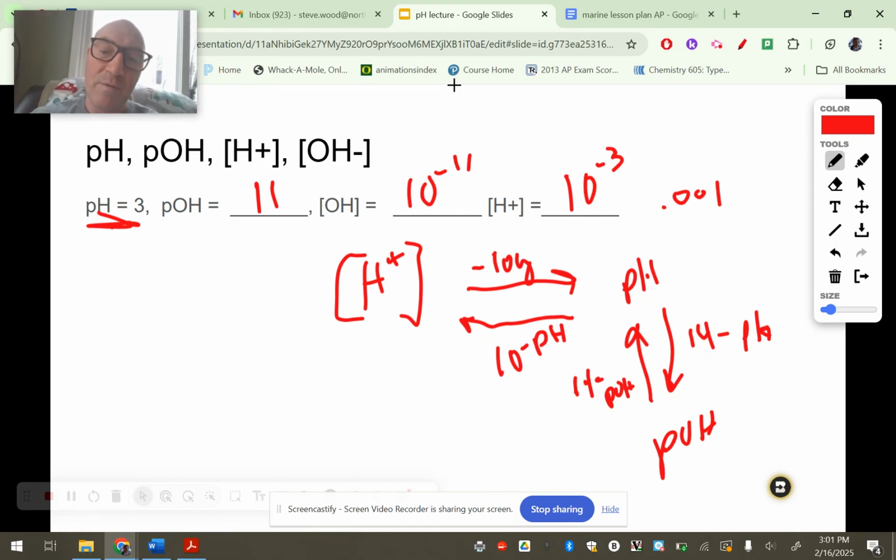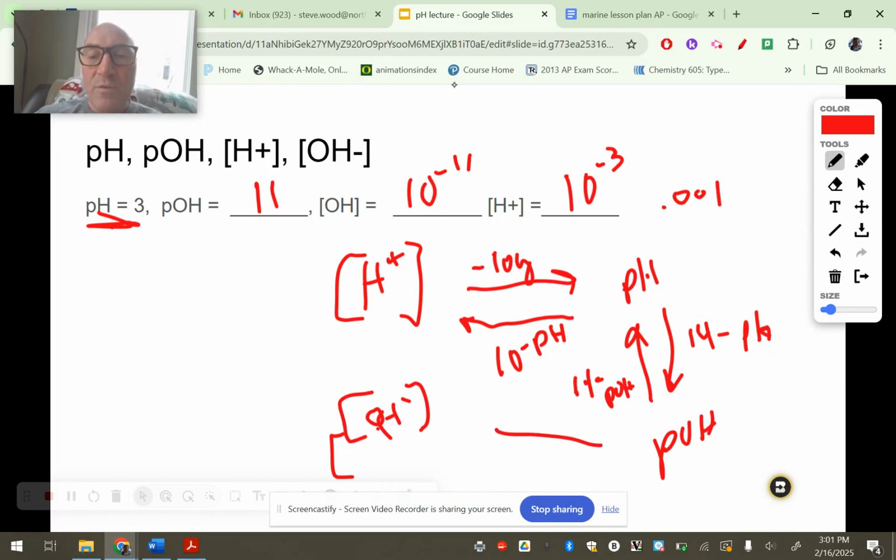Because look, if I'm going back to OH minus, I have to do 10 to the negative pOH. This got kind of messy, which is hard to write. Sorry.